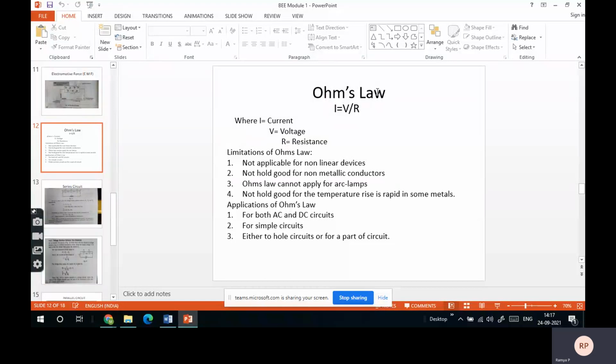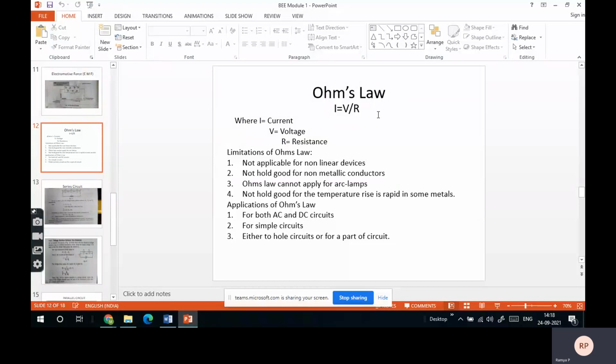So it is not mandatory that once you apply Ohm's law, it should be applicable for the entire circuit. Wherever you require Ohm's law to be applicable, you can apply it to that particular part, and the remaining part you can leave as such and carry further. So these are some of the applications of Ohm's law.